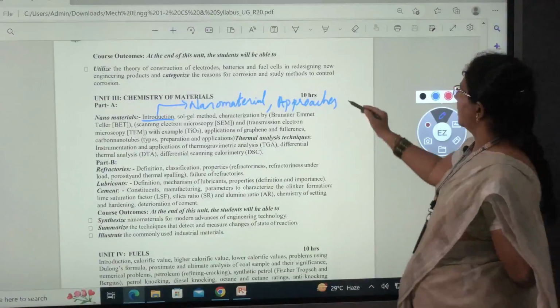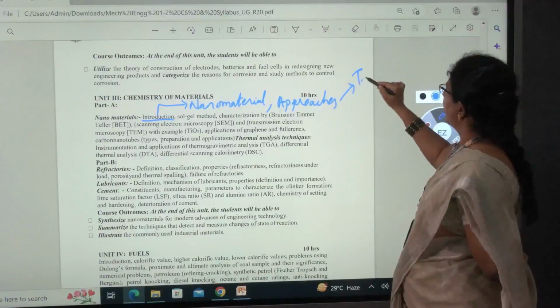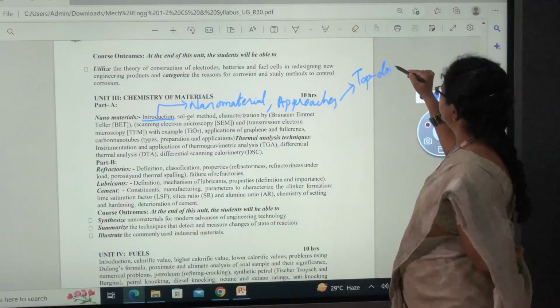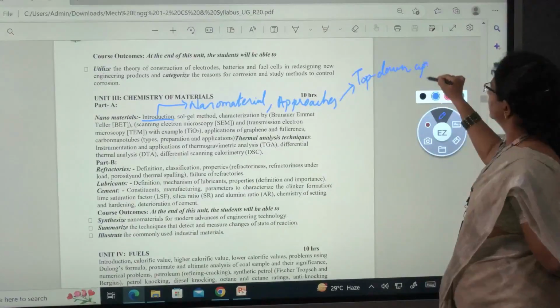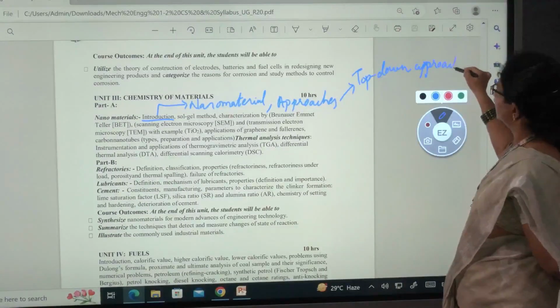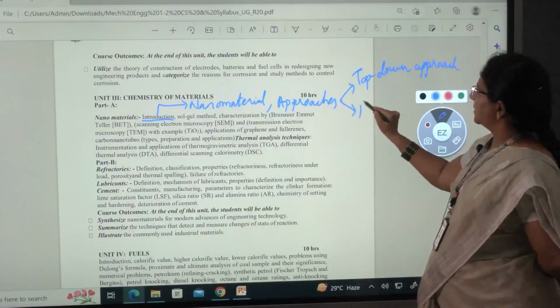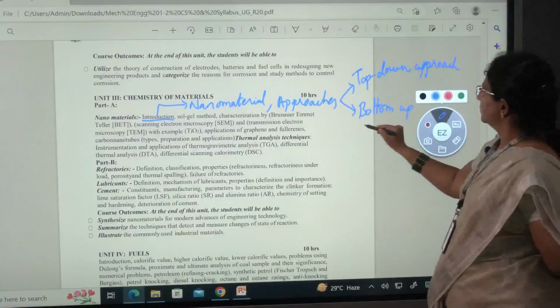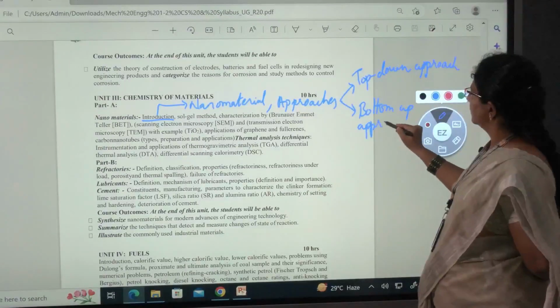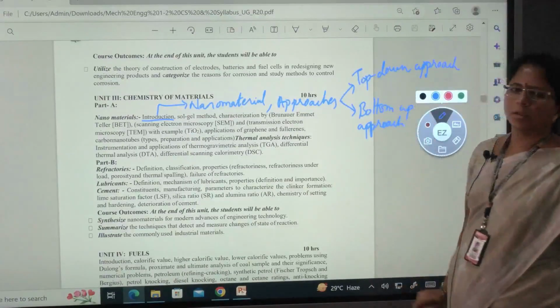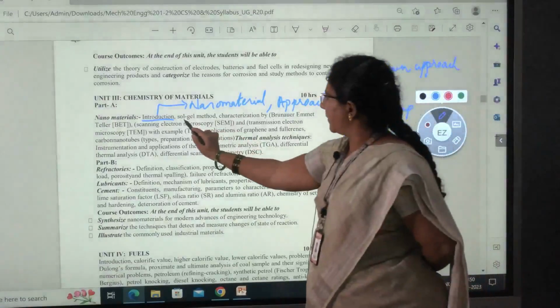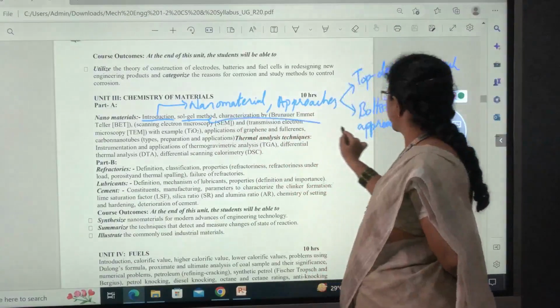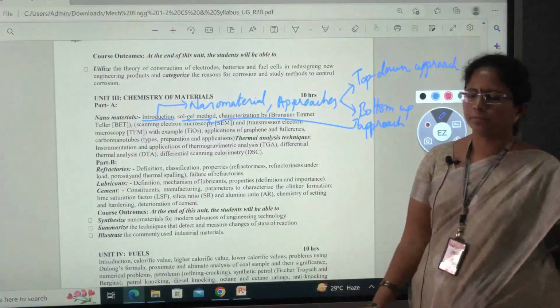So here we will discuss two approaches: top down approach and second one is bottom up approach. So the Sol-gel method of preparing nanomaterials will come under this bottom up approach.